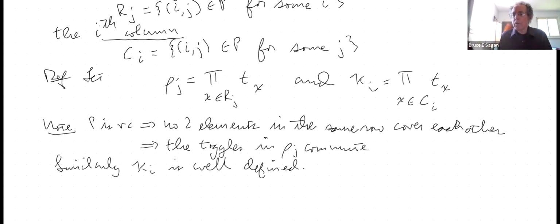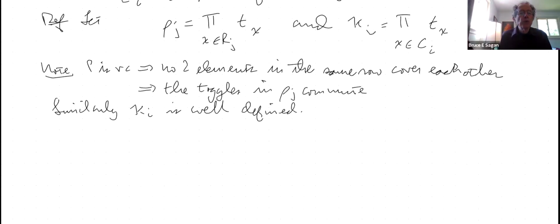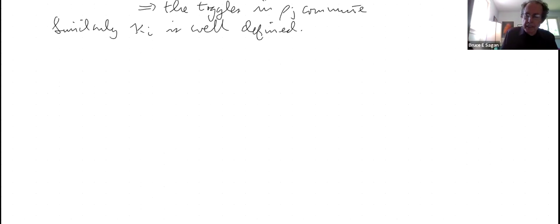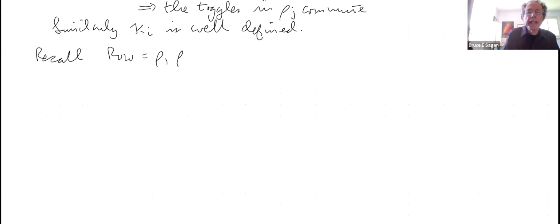Okay, so now we're finally ready to define what promotion should look like in this setting. So remember, by Cameron and Fon der Flaass, row motion was shown to be Row 1, Row 2, and so on.